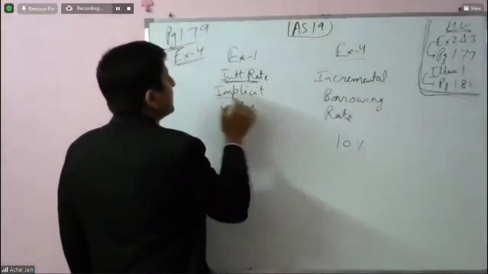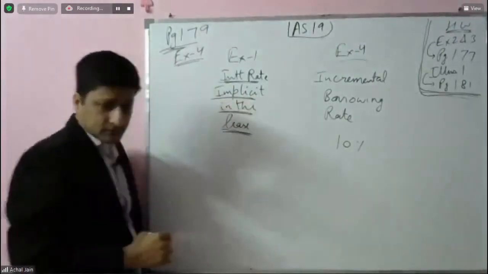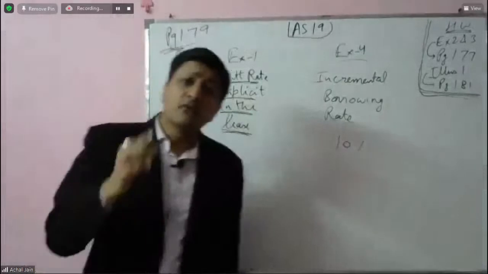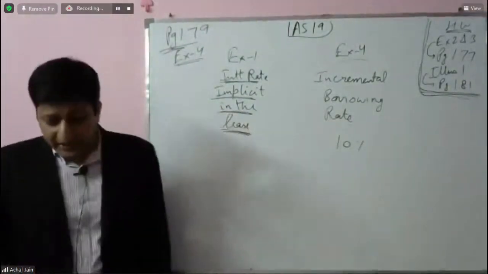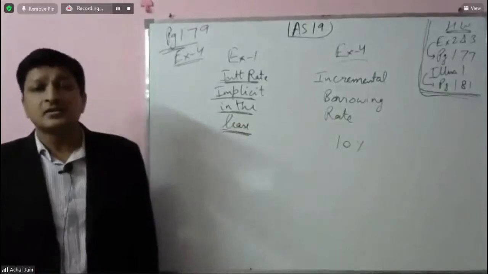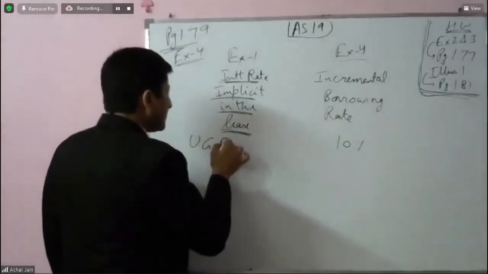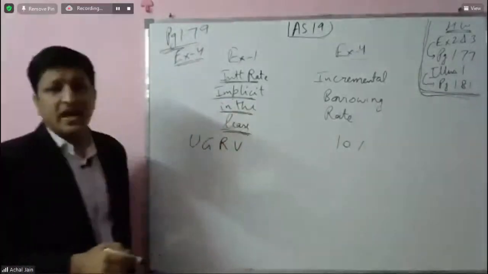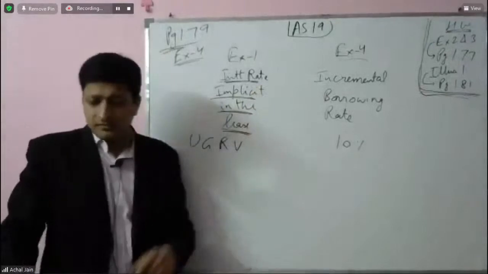Interest rate implicit in the lease. For which, what do you need? The question says you need unguaranteed residual value, UGRV, for the same.